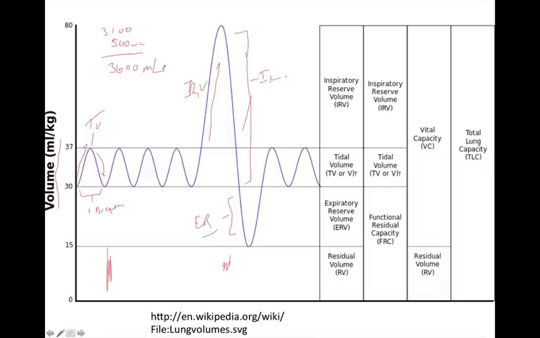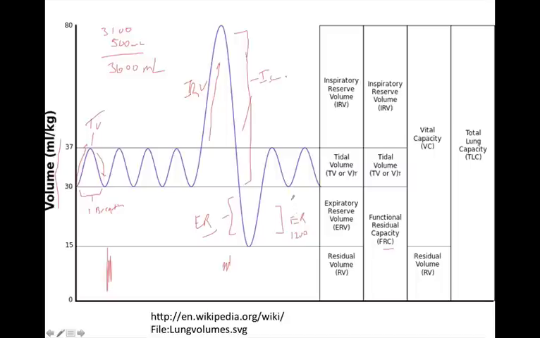Now, functional residual capacity is done by adding expiratory reserve and residual volume. If you're just doing a rough estimate, you would add 1,200 to 1,200.